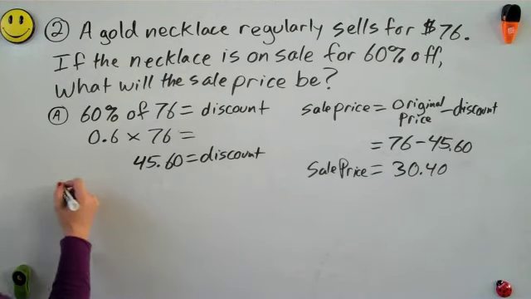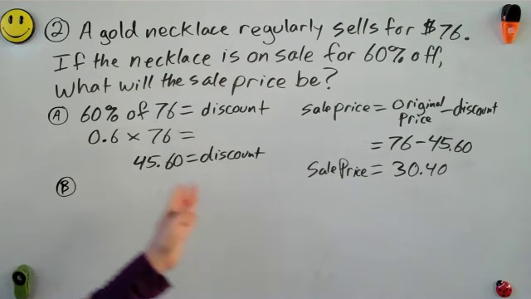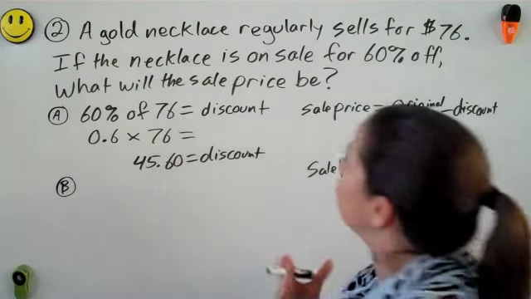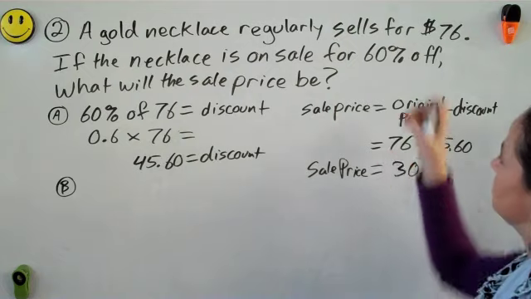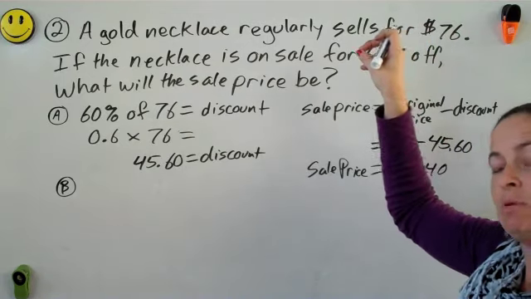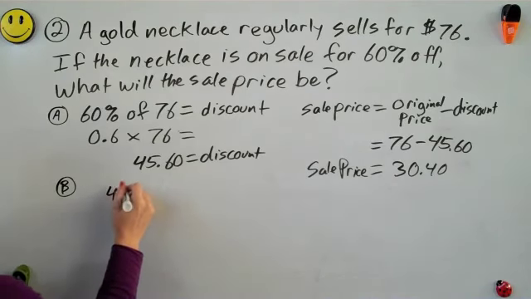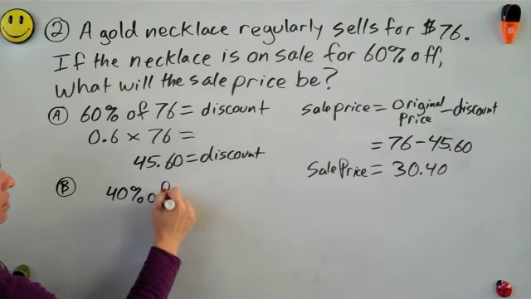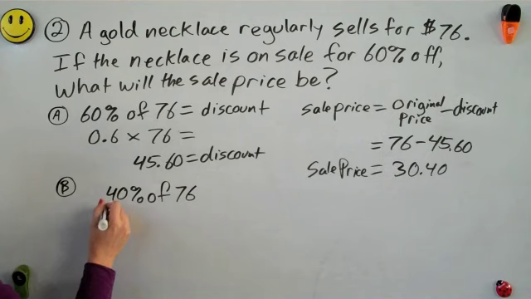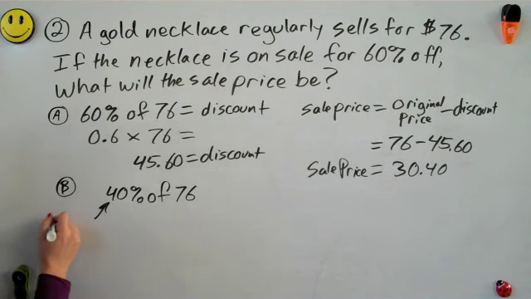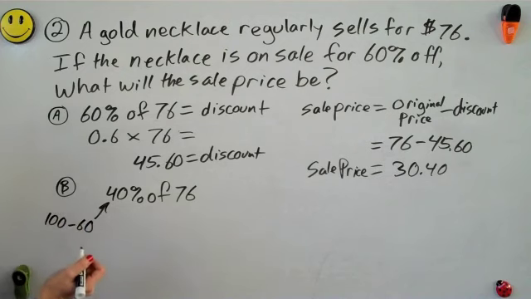Now, the other method I could have done is, instead of figuring out 60% and then subtracting it, what I really wanted was to take away 60%, which leaves me with how much? 40%. So instead, I could have done what's 40% of 76. Again, 100 minus the 60 will leave me with 40%.